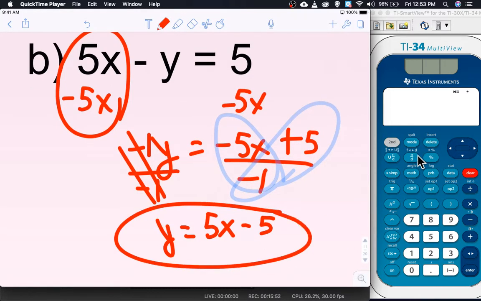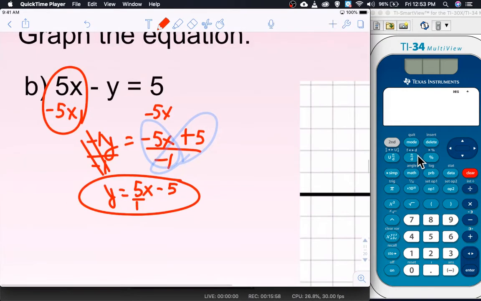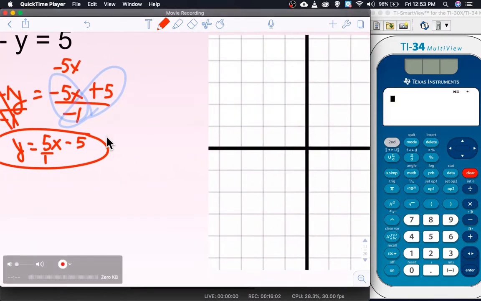So there's my equation I'm going to graph. The only other thing I'll do here is make my slope a fraction. So now it's 5/1. Now when we graph this, we're going to put a dot on the y-axis at -5 right here. 0, 1, 2, 3, 4, -5 is right there. And now I'm going to move the way the slope tells me to move.